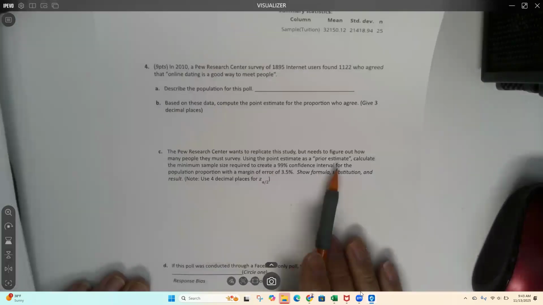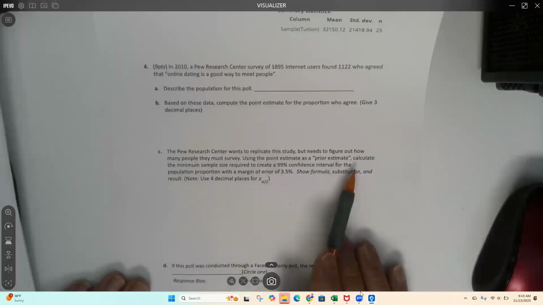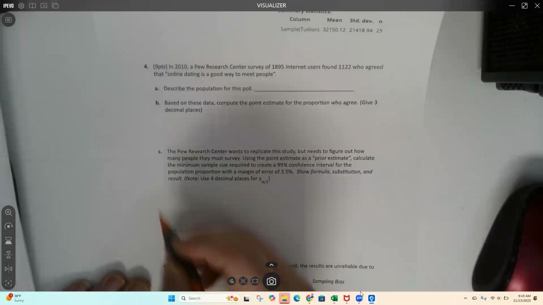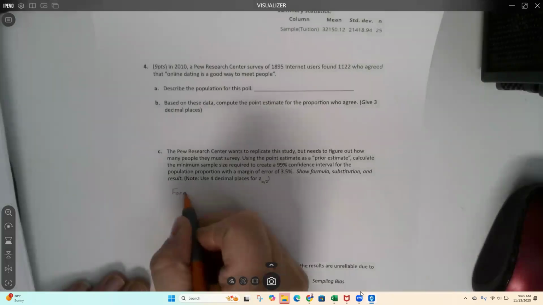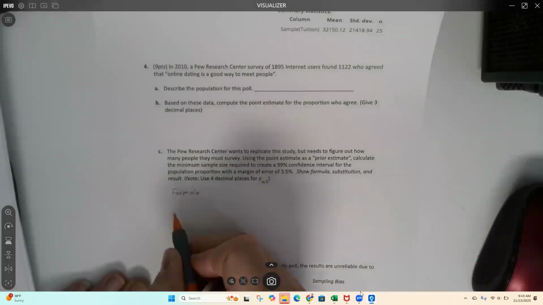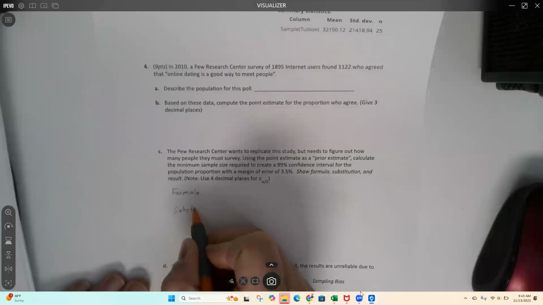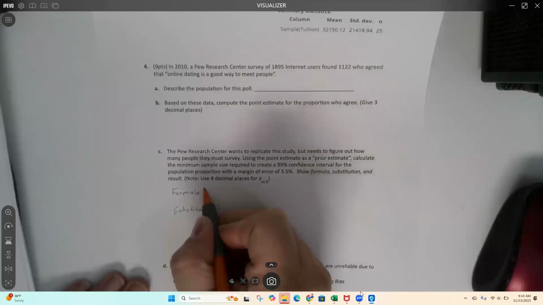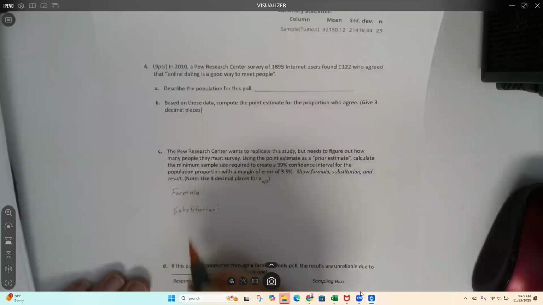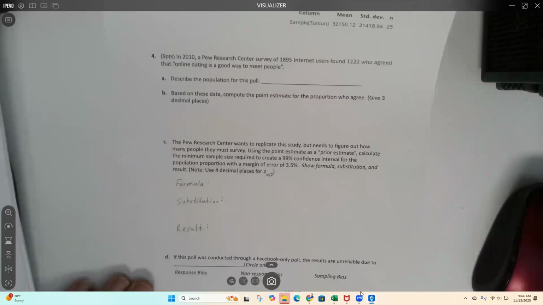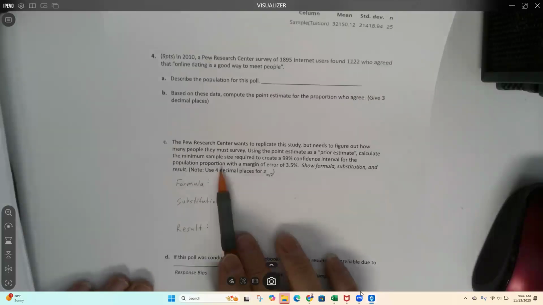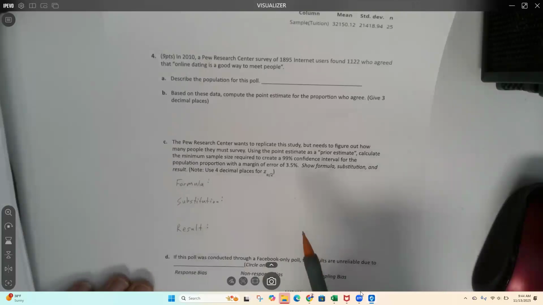Using the point estimate as a prior estimate, calculate the minimum sample size. For this, there's a formula. You substitute in the numbers into that formula, the formula is the letters, and then you get the final result. So this is asking us to find how big of a sample size we need.